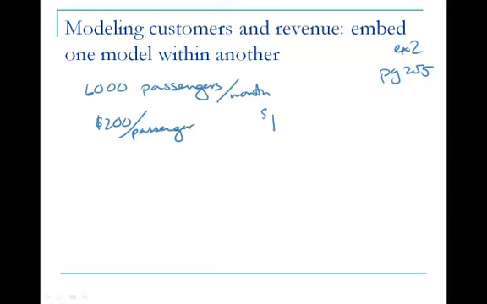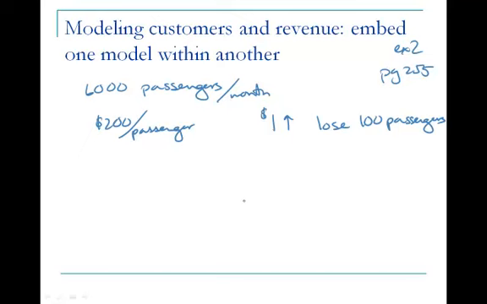So as the ticket increases $1, we're going to lose 100 passengers.